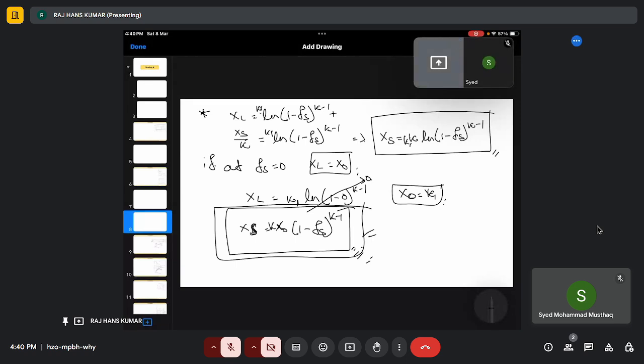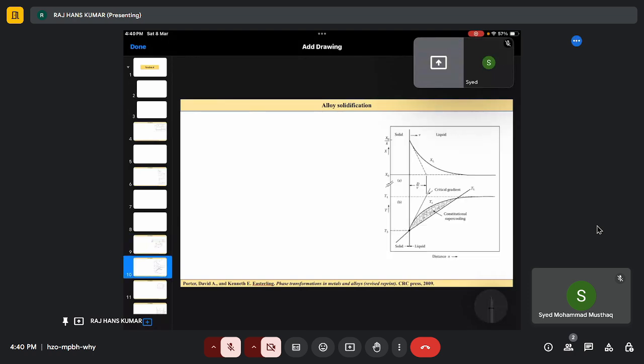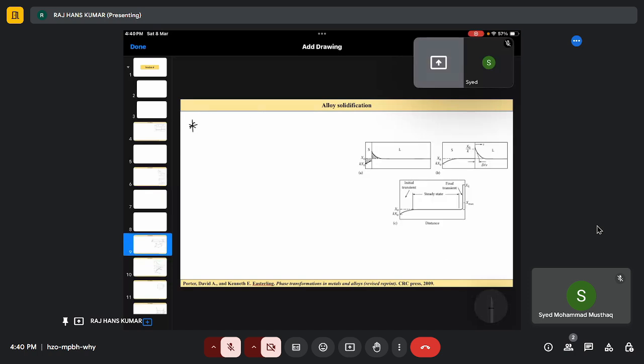Now the third case, where the assumptions are taken a little bit differently.